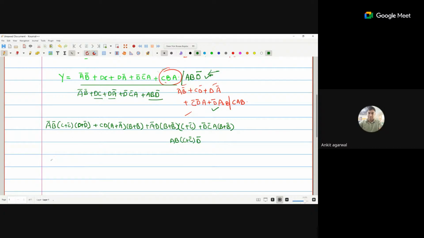So from that one, the first term is A bar, B bar. Now we have CD, CD bar, C bar D and C bar D bar.